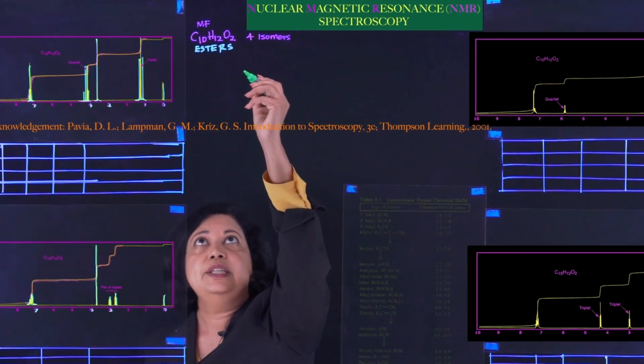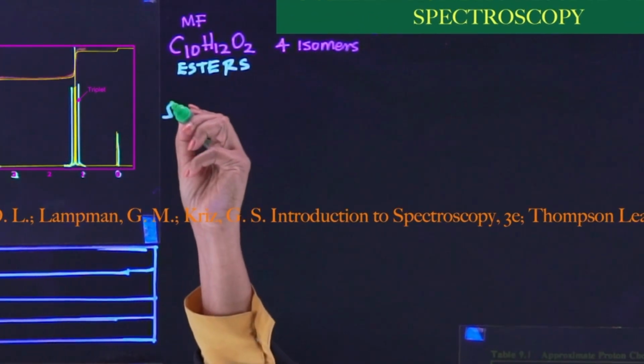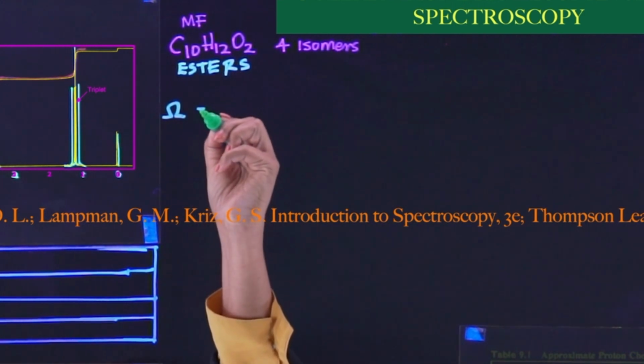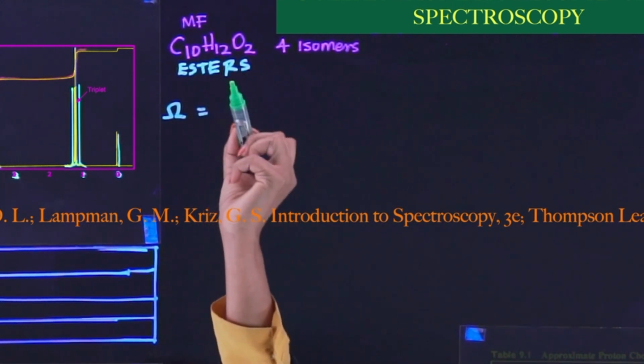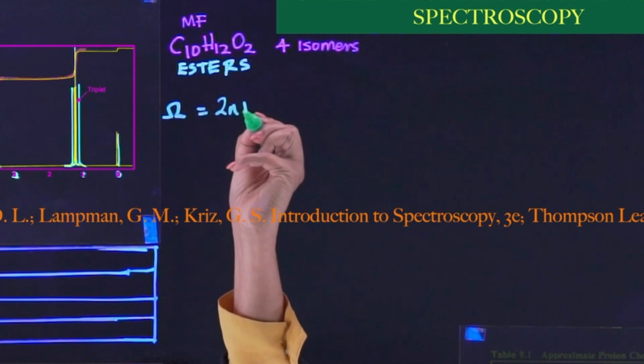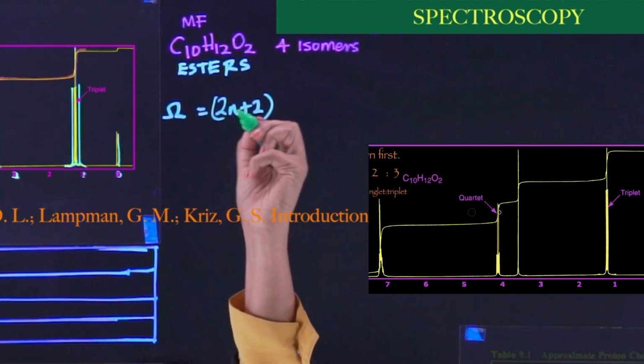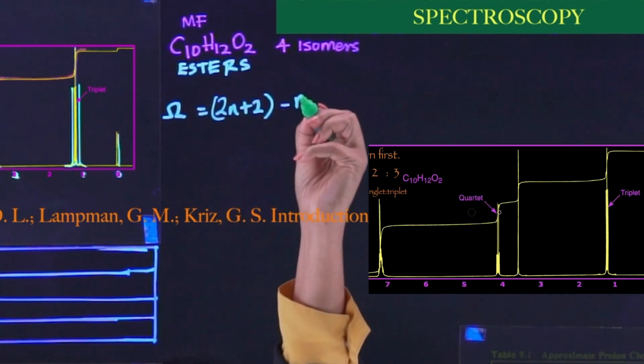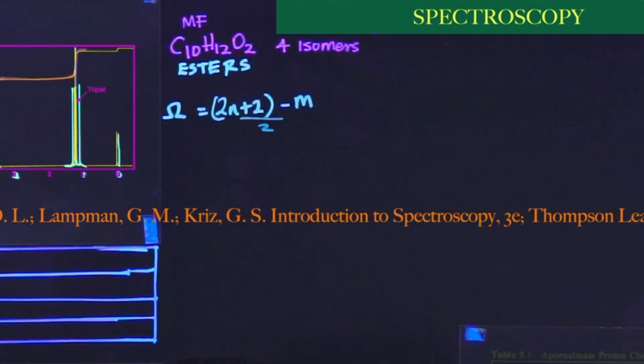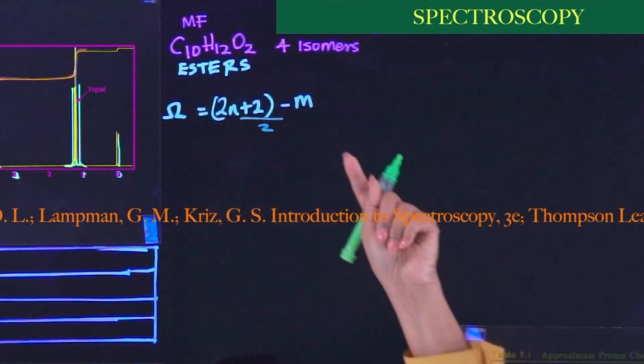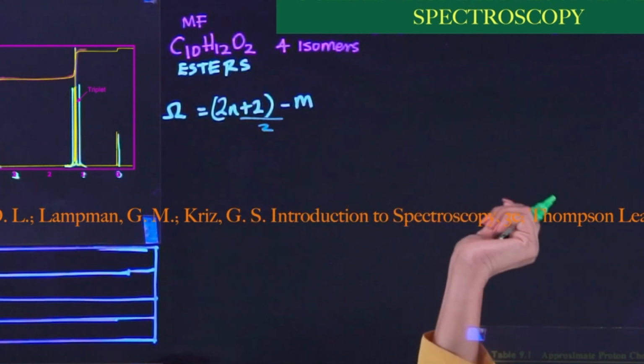All right, let's do the omega first, which is the IHD, and that is going to be 2n plus 2 minus m over 2, n being the number of carbons. Oxygens, you don't add or subtract, so we just leave the number of hydrogens as it is.